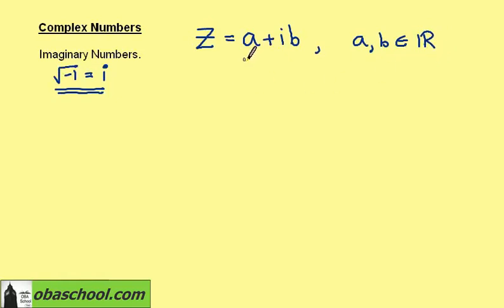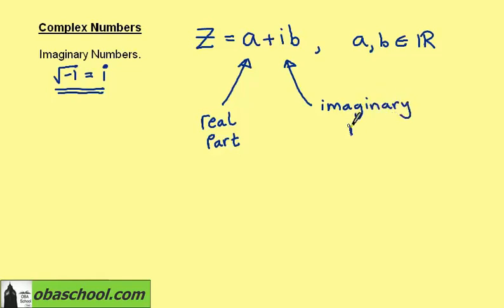Looking at z, we can see a, which is a real number, is the real part of this number. ib, a real number times i, is the imaginary part of this number. So a complex number z is a number which is part real and part imaginary. For example, we could have z equal to 4 - 2i.